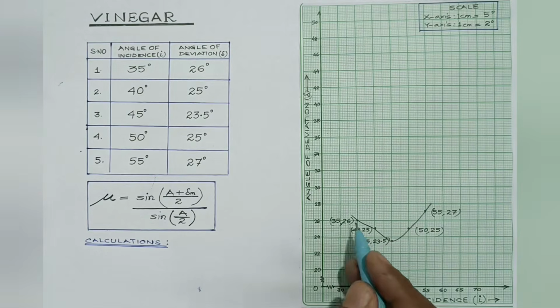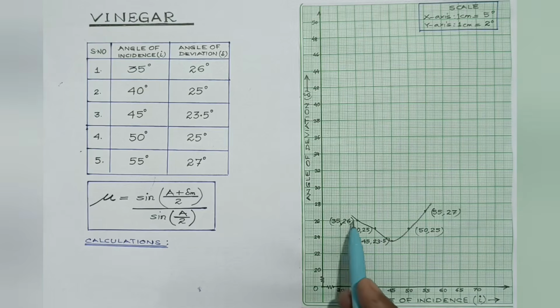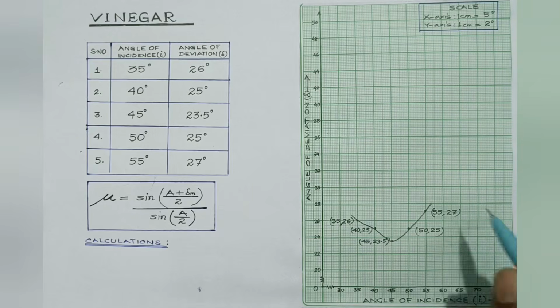So again, the nature of the graph is as was obtained in the case of vegetable oil, water, and dilute sulfuric acid. It tells the same story. That is, with the increase in the angle of incidence, the angular deviation first decreases, attains a minimum value, and thereafter with the further increase in the angle of incidence, the angular deviation starts increasing.